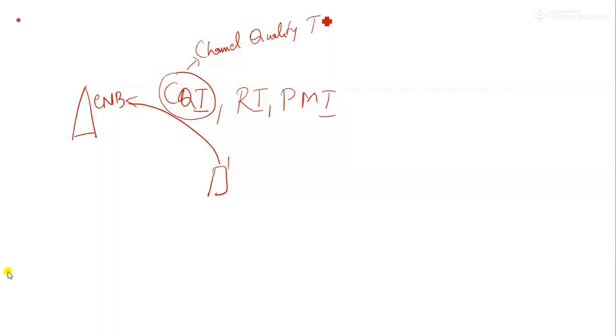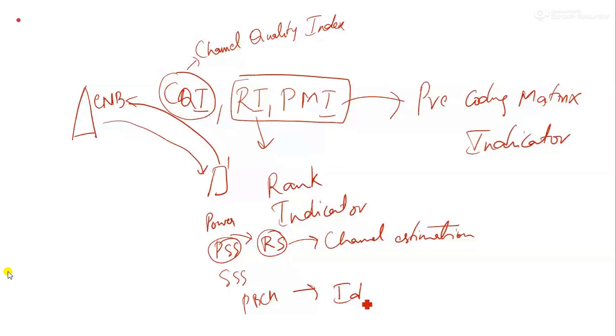Right? Once it comes to idle mode, it will start measuring whatever eNode B is sending, and it will make some calculation to decide whether I am in good RF condition or poor RF condition. For every RF condition, there is a CQI value, the channel quality index value.